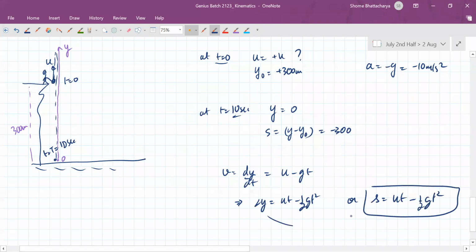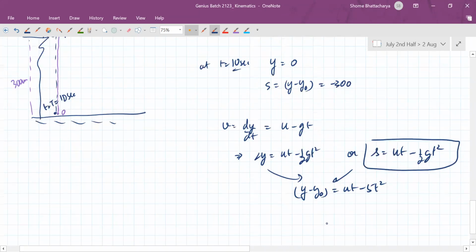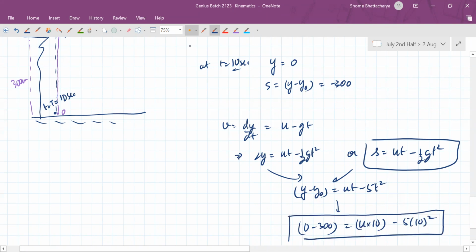So this delta y or this displacement is basically y minus y naught. So that is equal to ut minus 5t square. So at t equal to capital T, this will become 0 minus 300. Like this.